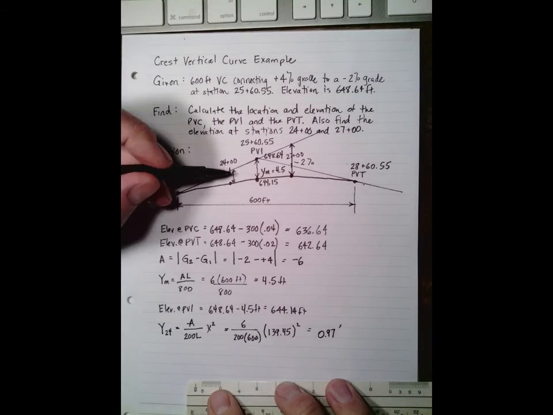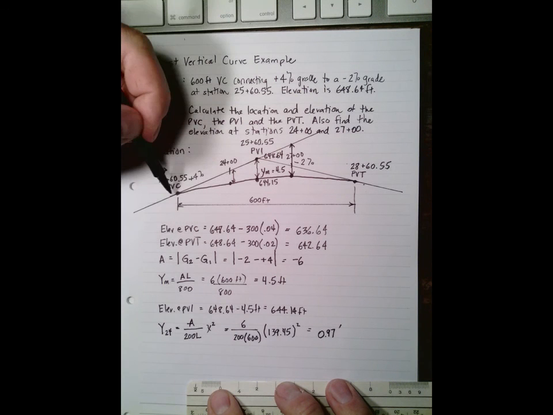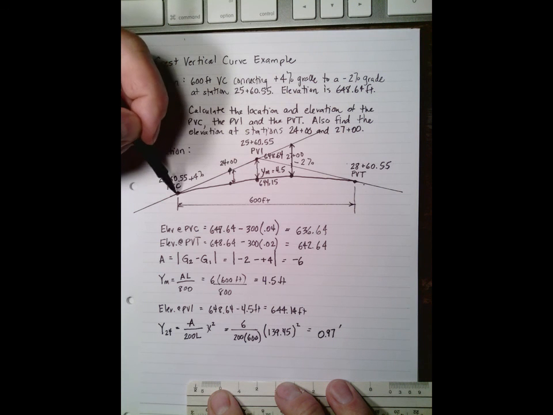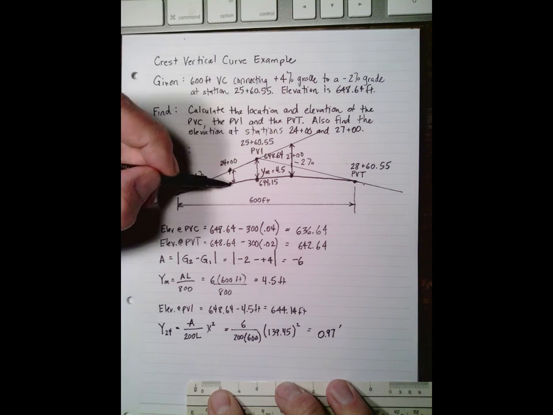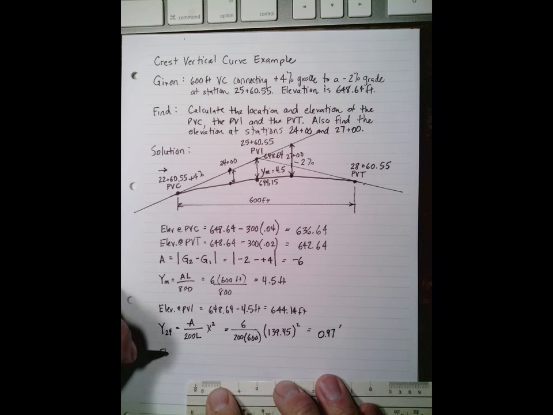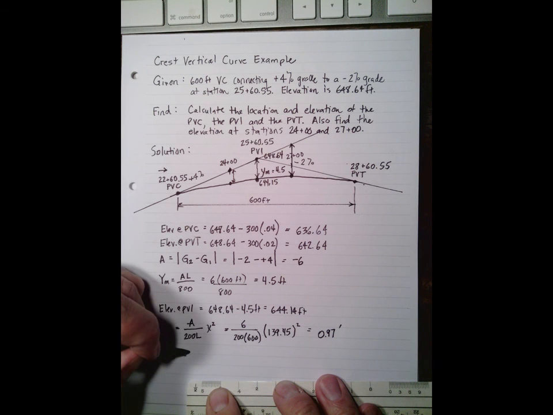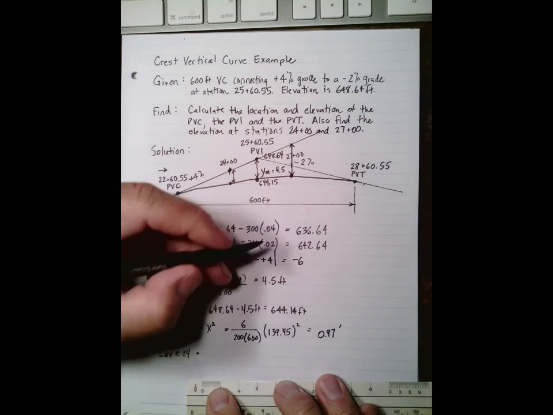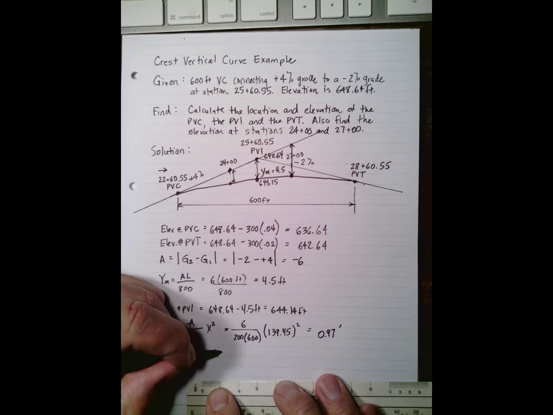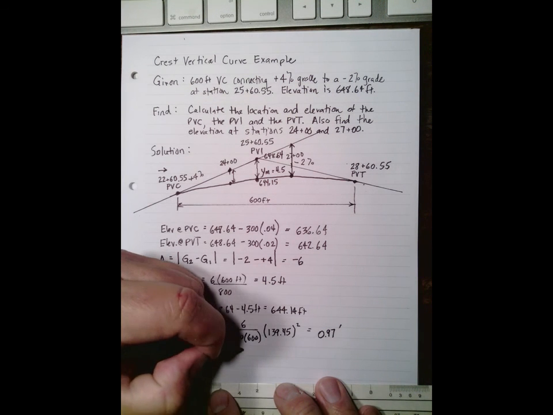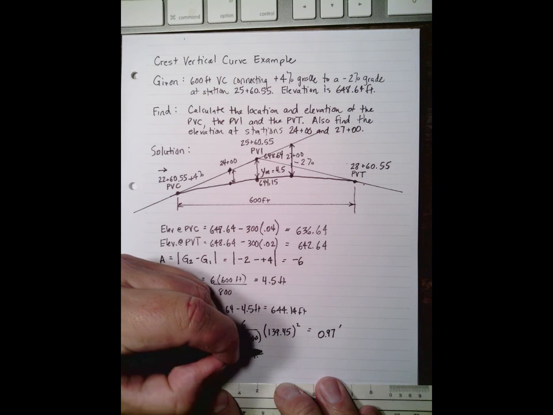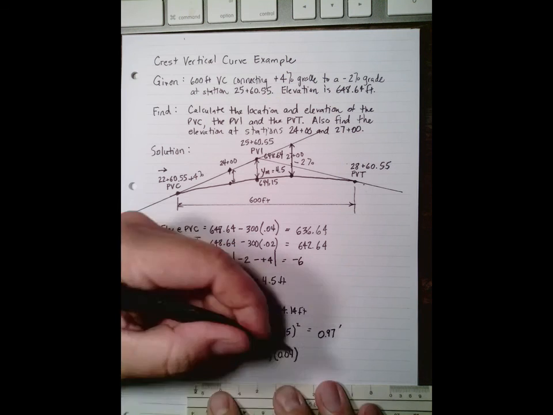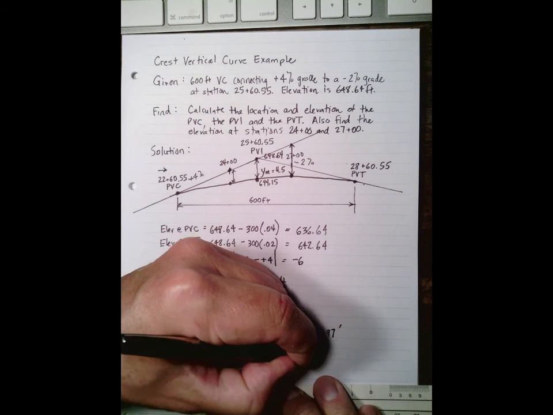And so how do we then calculate the elevation on the curve? So I'm simply going to calculate first the elevation on the tangent. So I'm going to go up, and then I'm going to go down. So the elevation at 24 is the PVC elevation, 636.64, plus x, 139.45, times 0.04, minus 0.97.